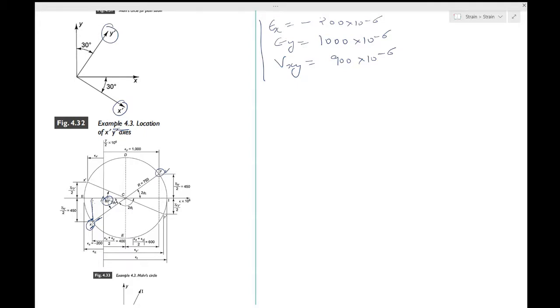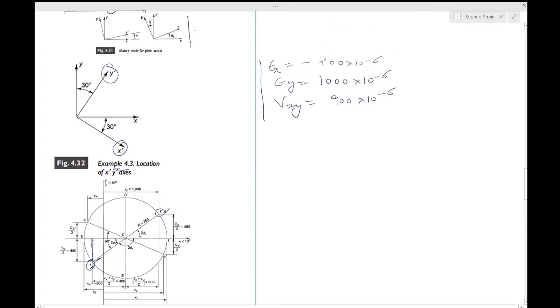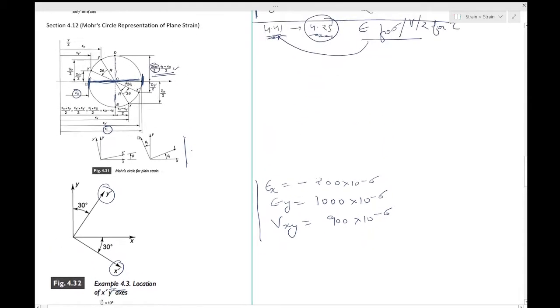But my doubt is whether the rotation of 60 degrees must happen like this, or it should happen in the clockwise direction. In the previous case, you would want to rotate it anti-clockwise. Yeah, the direction is correct. If you look at the figure over here, 4.31.